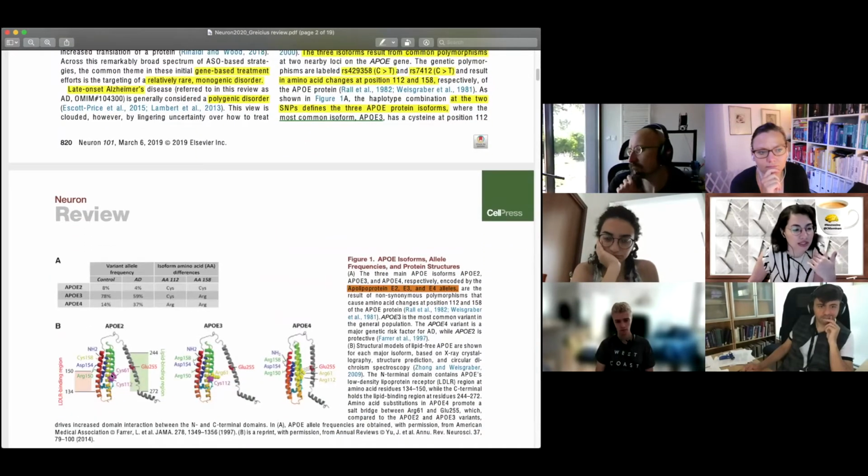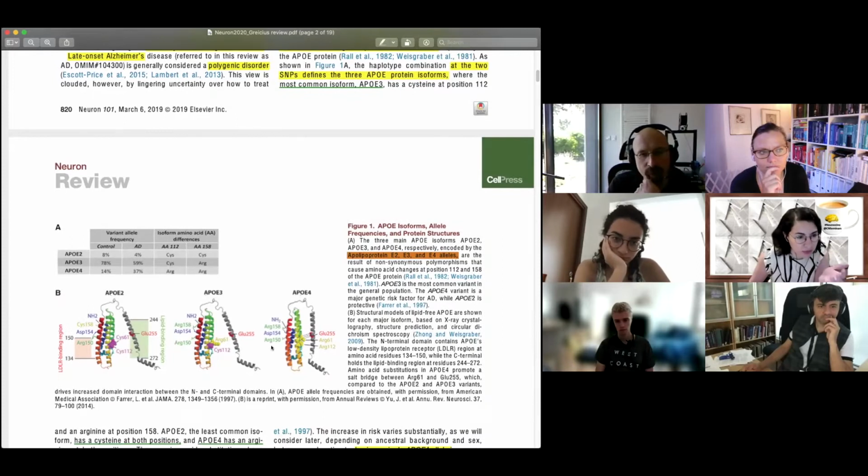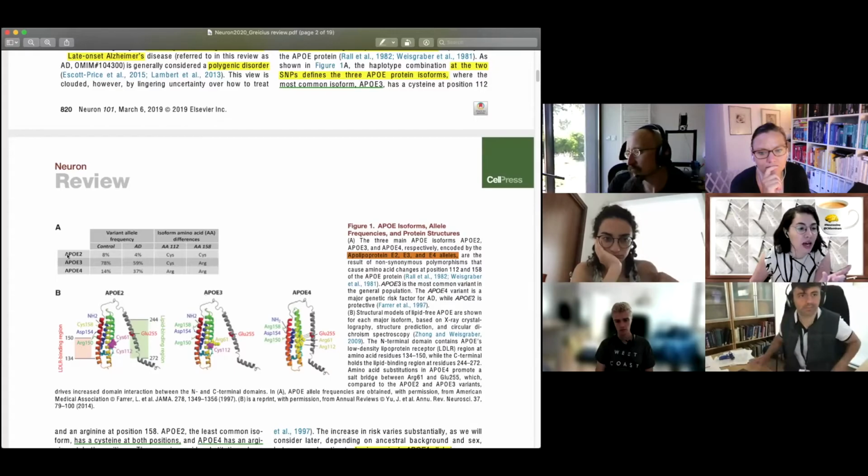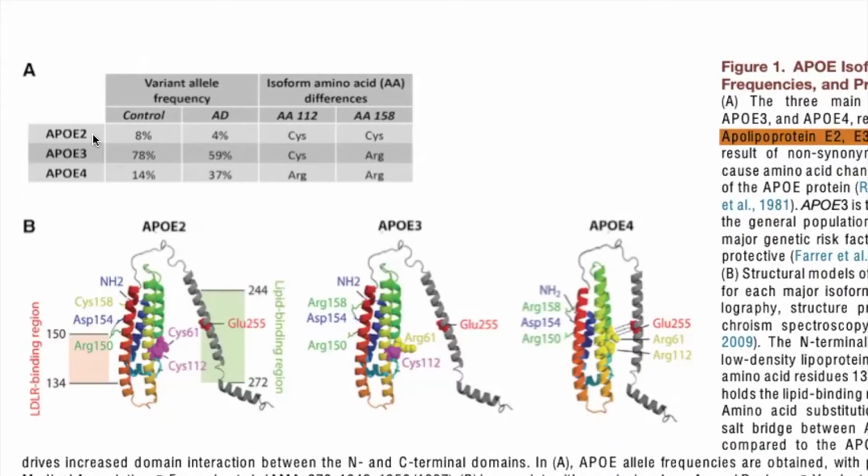So here there is an illustration that really helped me to understand this. For example, in the APOE2 isoform, you have these two cysteines here. And this is the shape of the protein.